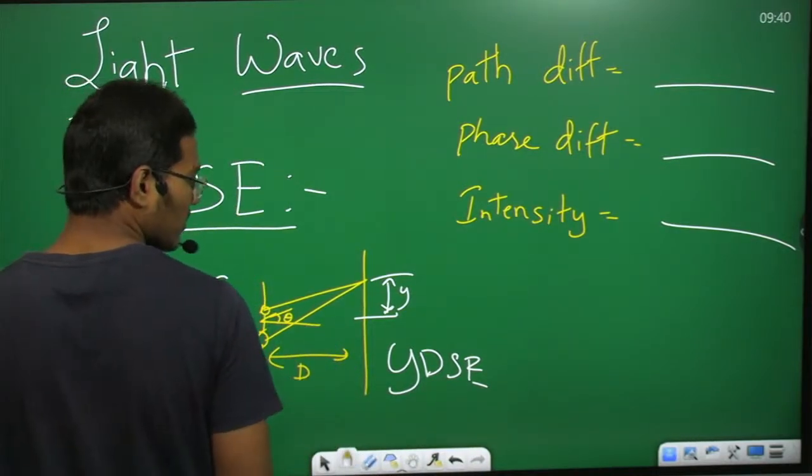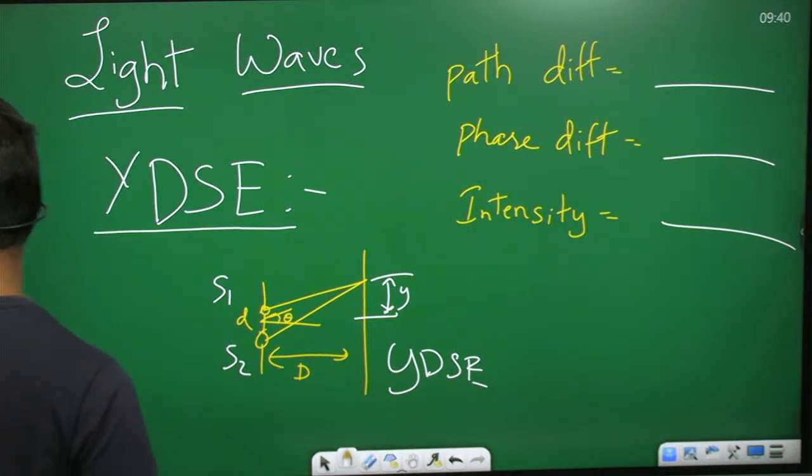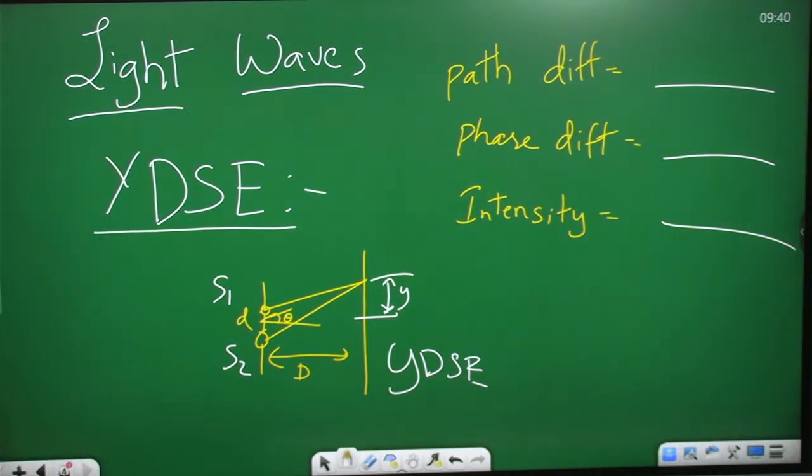So find the path difference. Come on, people watching online. Okay, Gayatri, okay, Lata, right. Okay, Dream Chaser. Come on, try to fill all those blanks.